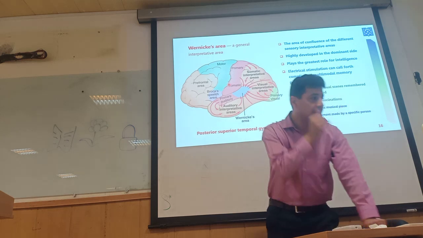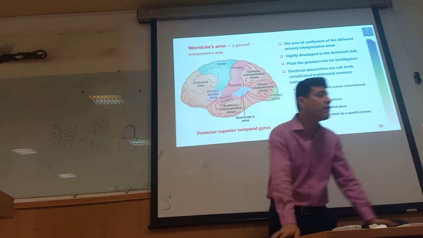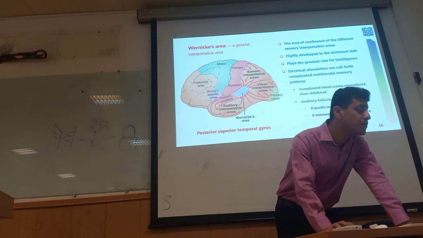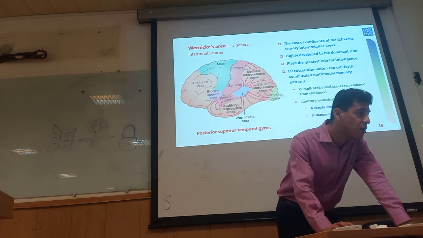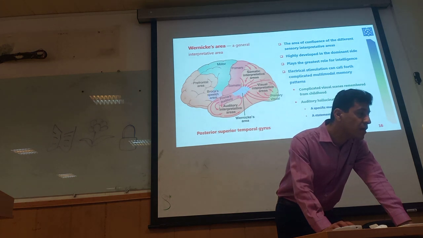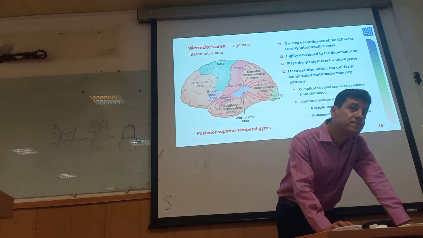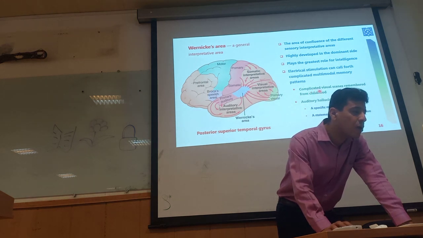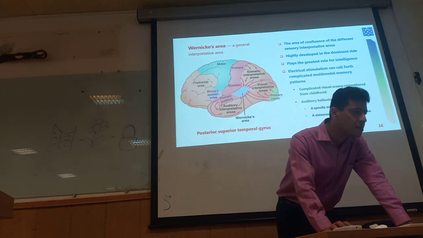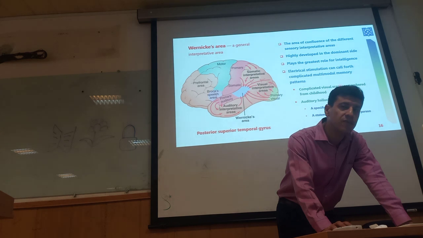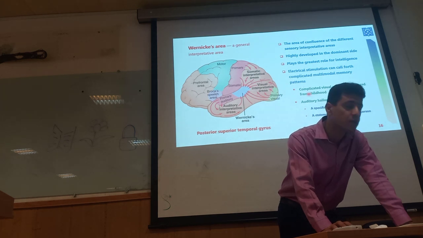So, the other thing is that, the other area is the Wernicke's area, located in the temporal cortex here. You can see that they receive different types of information, auditory, visual, somatosensory. They combine all of them together. If you stimulate this area, it may cause feeling or, let's say, remembering something from the past, like a visual scene remembered from the childhood.